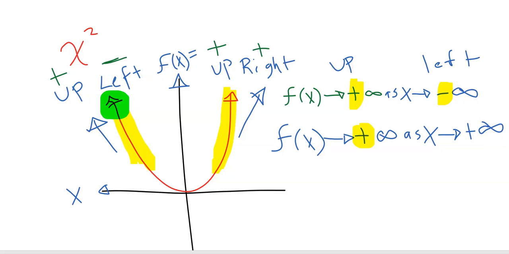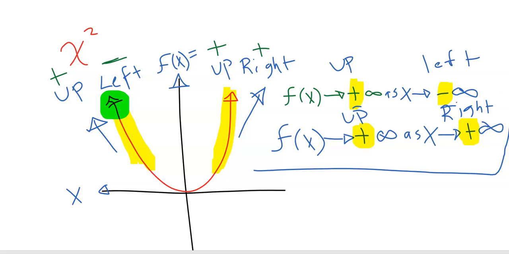Don't worry about all the x's and the infinities and all that stuff. Look for the signs. I know that on both sides, f of x goes up. But the other side goes to the right. That's why I have a positive and a negative in the top, and a positive in the bottom. That's how I would describe the end behavior of this graph.